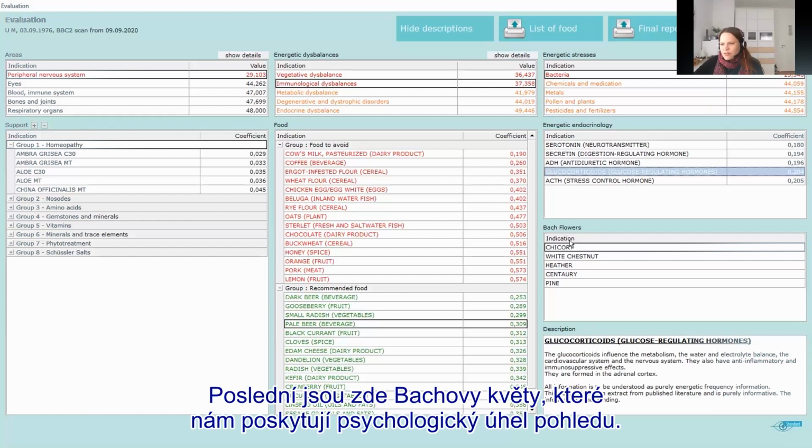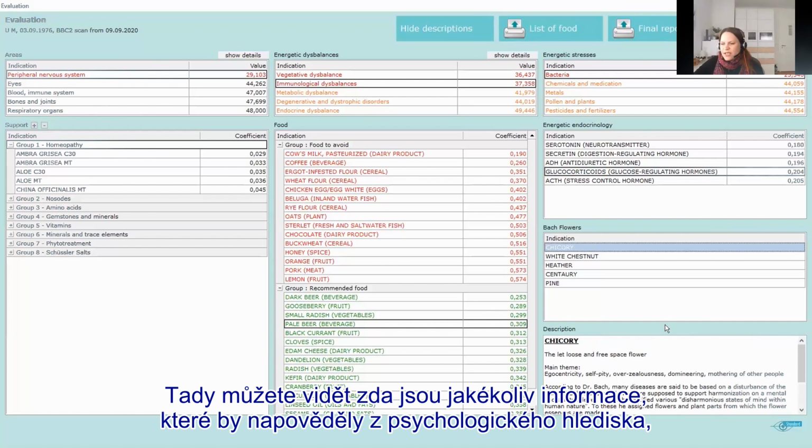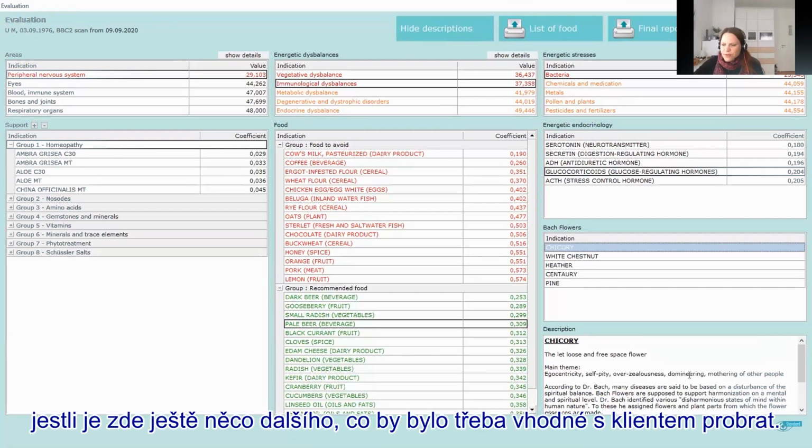And the last one is the Bach flowers. These ones give us the psychological aspect so that we can see, do I have any information that's important in a psychological way? Do I have to see anything else to talk with the patient about?